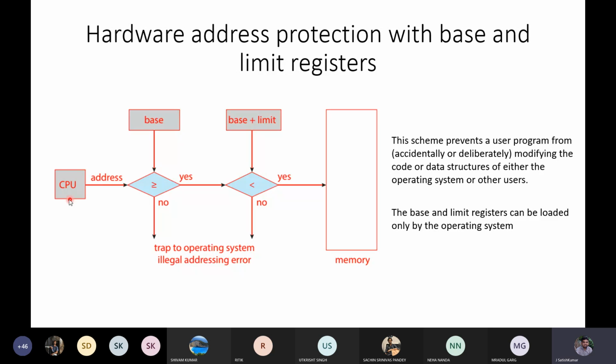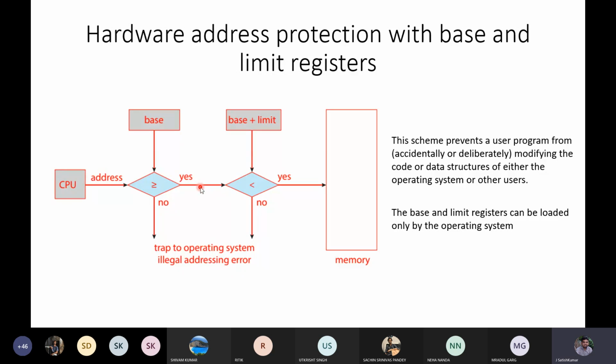So when an address is generated by the CPU for a particular process, we will compare it with base and base plus limit. The address generated by a particular process should be greater than base and less than base plus limit. Both conditions should be satisfied.